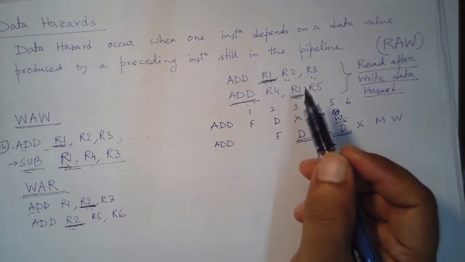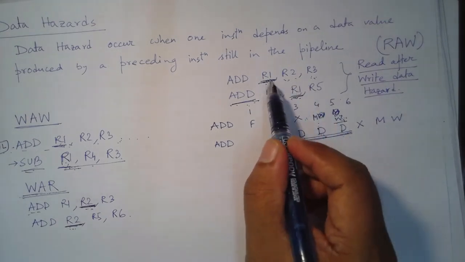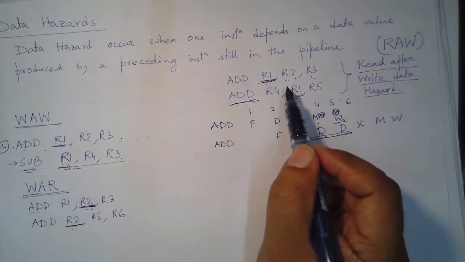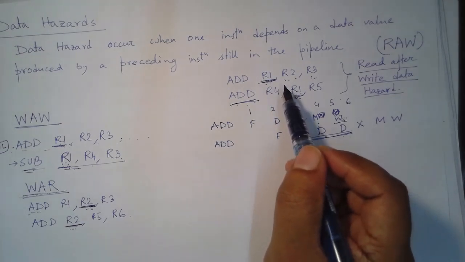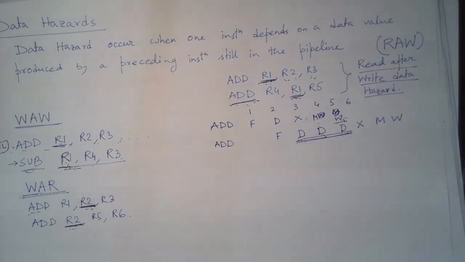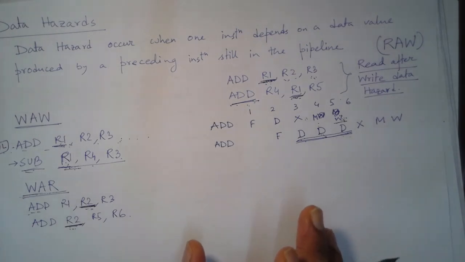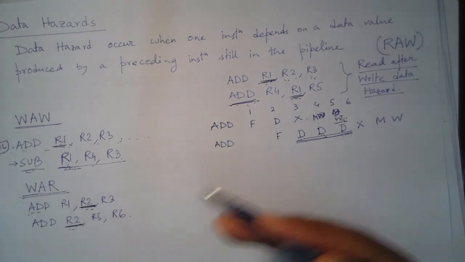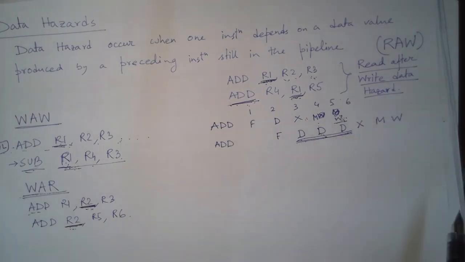The stall logic looks at this condition: what are your current source registers and what are the destination registers of the previous instructions in the pipeline. If there is a match, then you have to carefully figure out whether to stop allowing this instruction to move ahead, and that is where the stall comes in.